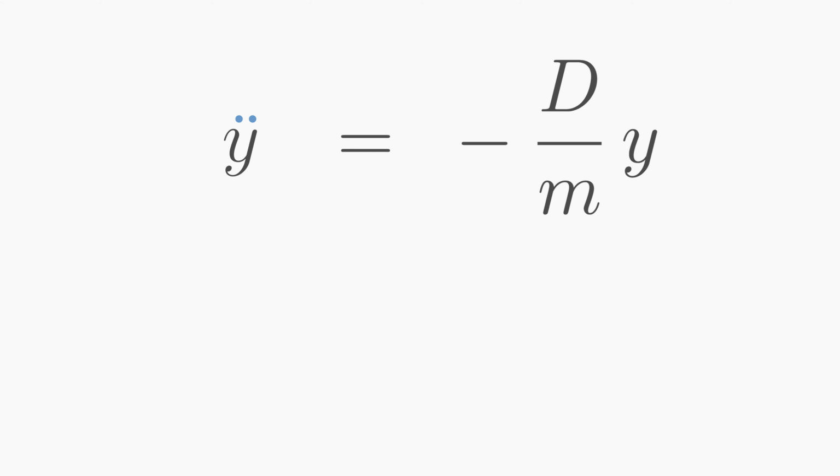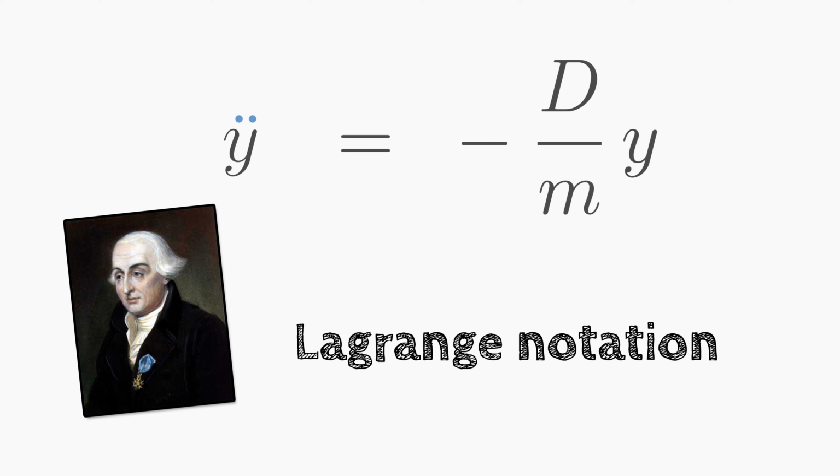Another notation you are more likely to encounter in mathematics is the Lagrange notation. Here we use primes for the derivatives. So for the second derivative, 2 primes. In Lagrange notation, it should be clear from the context with respect to which variable the function is differentiated.